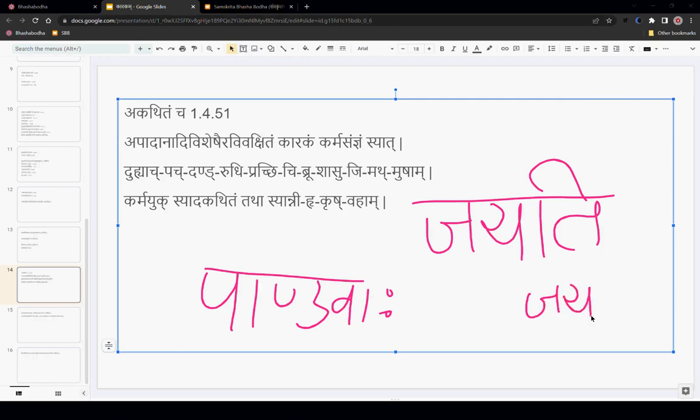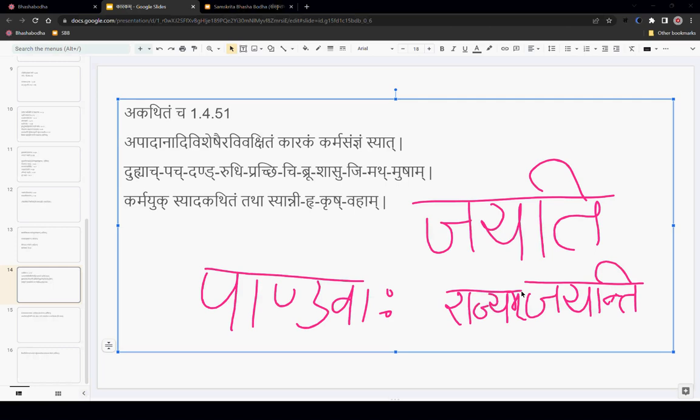And for what purpose? What is the phalam? What do they get after winning? Rajyam. So here the rajyam is the pradhana karma. Pandavah rajyam jayanti. That is the ipsitatama.